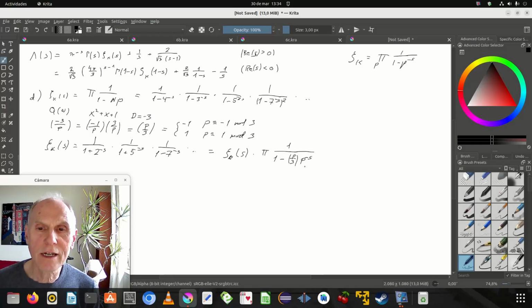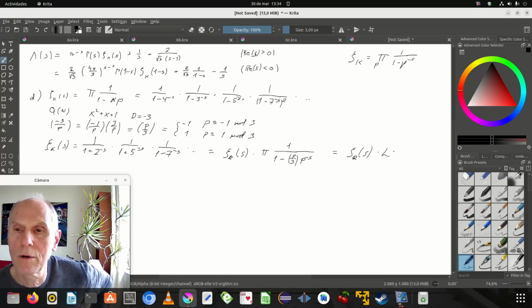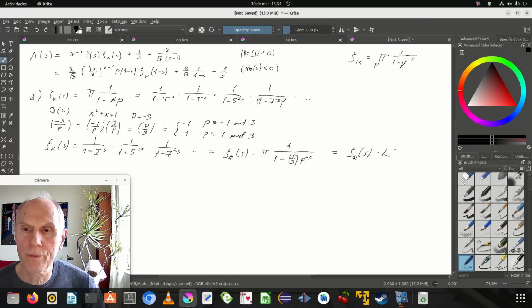And this is exactly the L function of the character modulo 3.